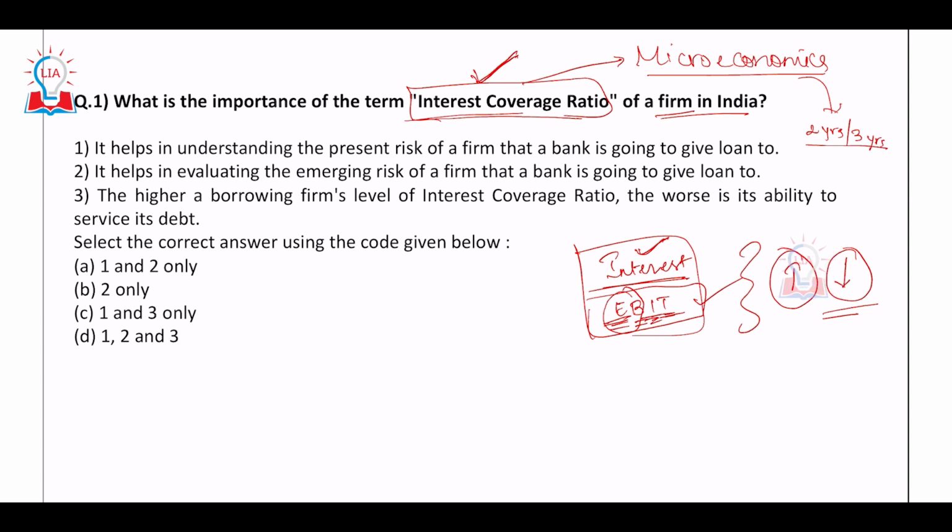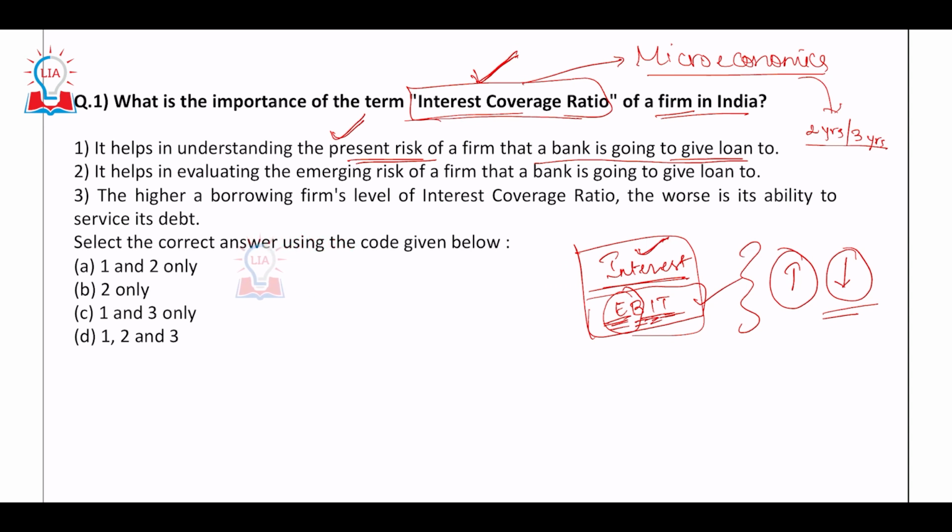Now with this understanding, we just have to see the two statements. The first statement: it helps us understand the present risk of the firm that a bank is going to give a loan to. Yes, it will give us an idea about what the risk is. If it has a higher interest coverage ratio, it is better, so it can cover whatever interest is to be paid to the banks.